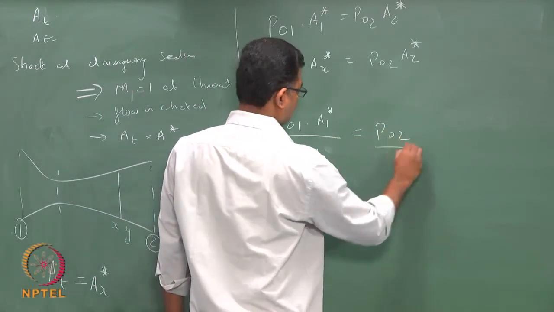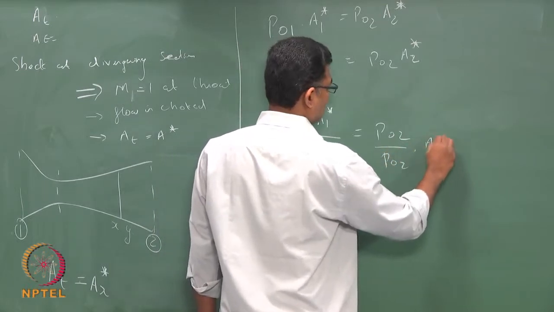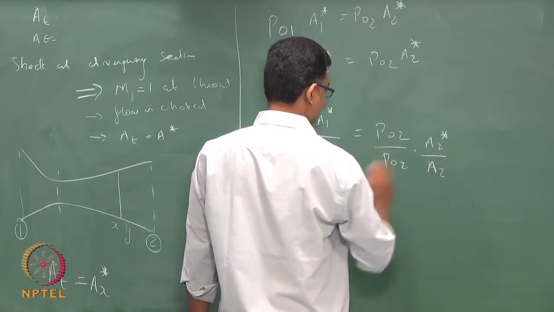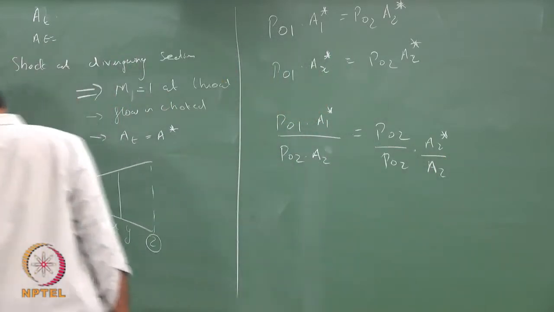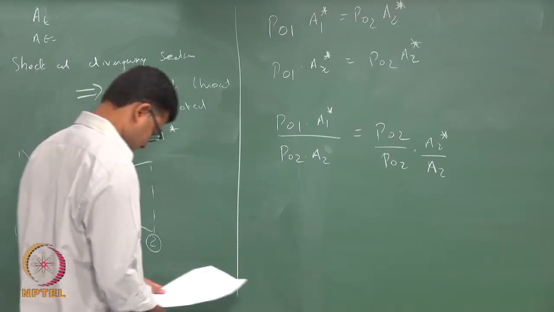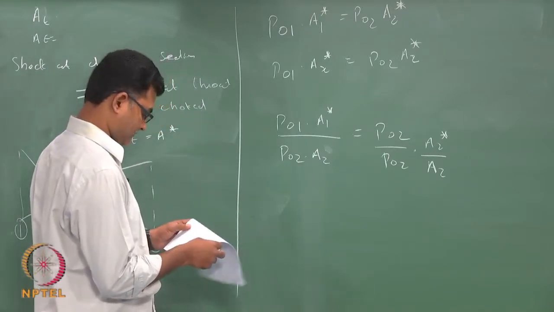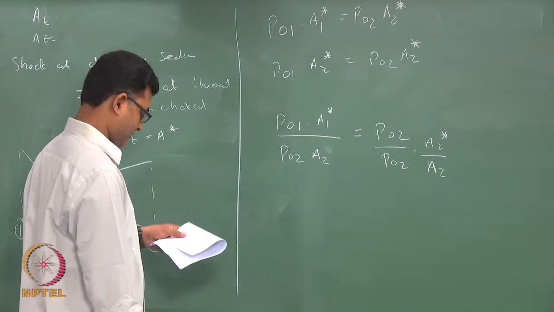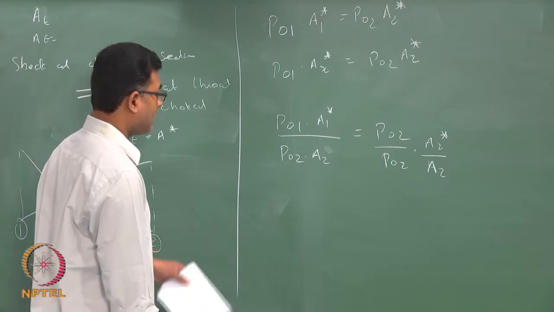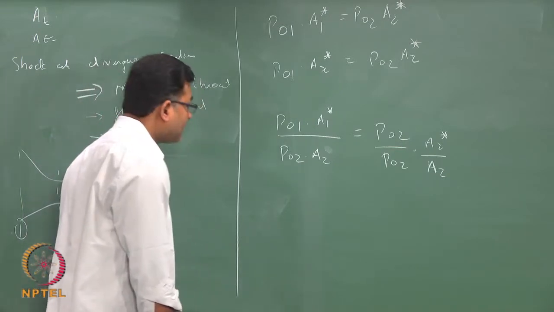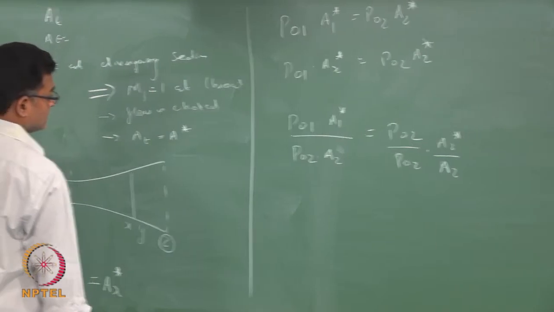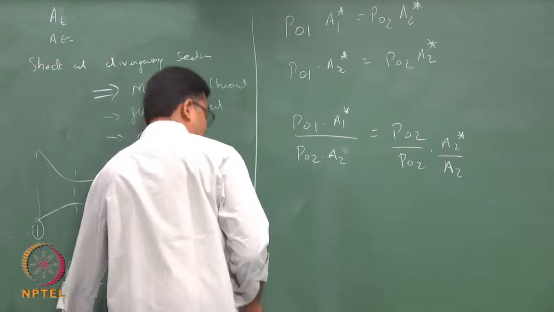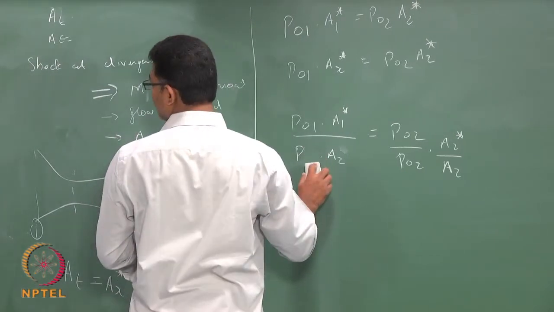Then I do here P02 into A2 star by A2. So, instead of P02, I divide it with P2 because PB is given.